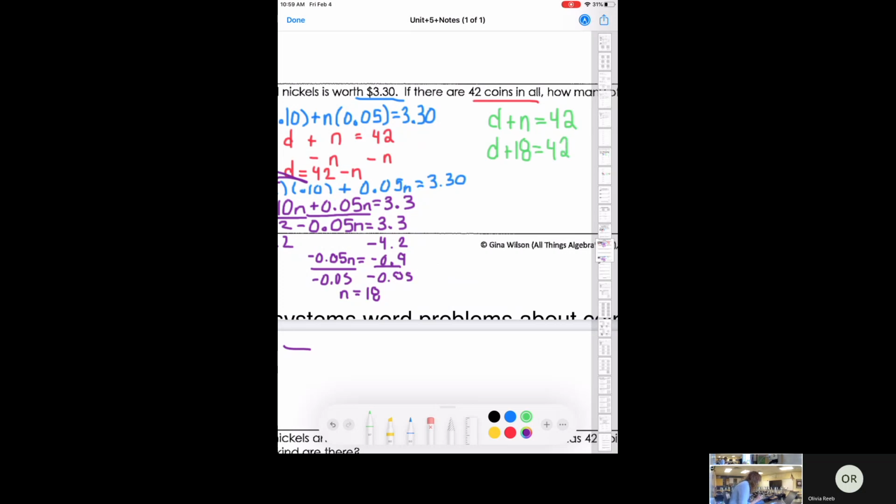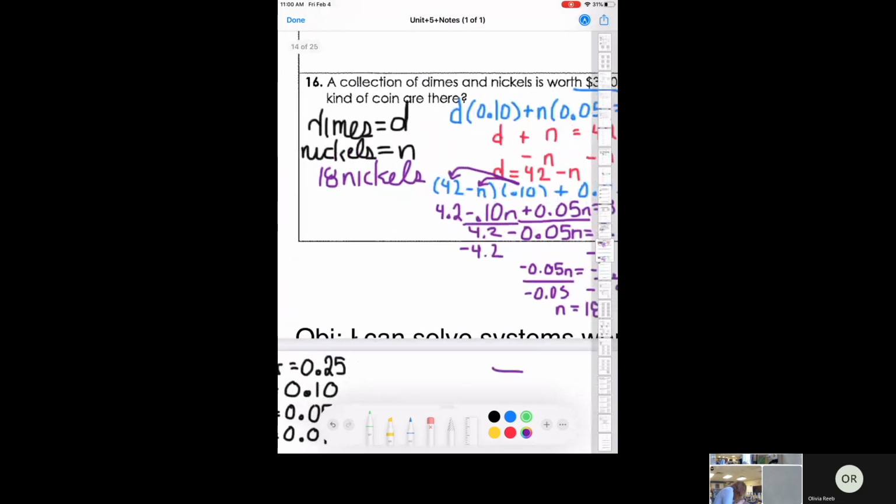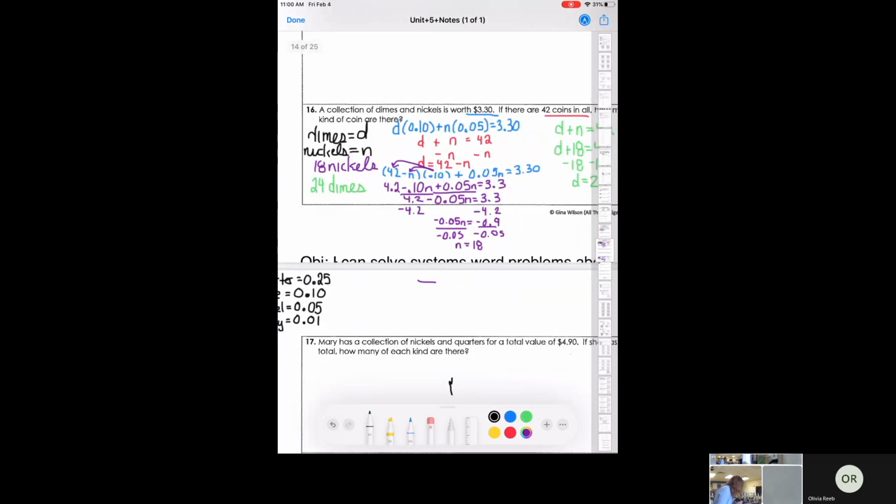I want to get the D by itself, so I subtract 18 from both sides. I get D equals 42 minus 18, which is 24. 24 what? 24 dimes. And that's my answer. Let's put it in a nice little box so I know what it is.